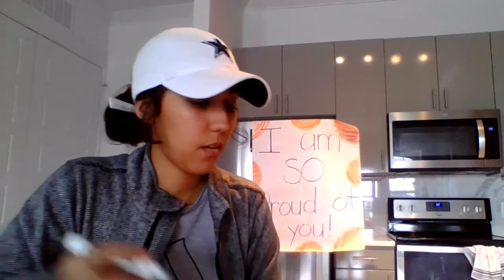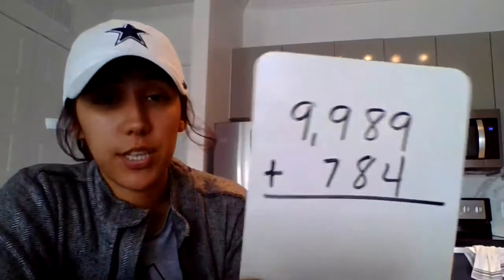So let's go ahead and add 9,989. Make sure you always put the bigger number on top, plus 784. And make sure you are lining up your numbers by place value. So it should look like this.